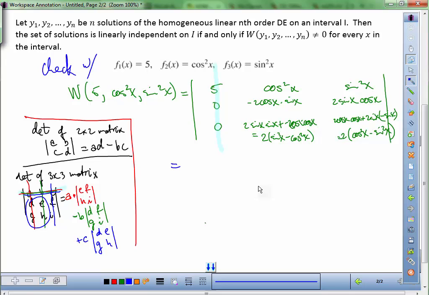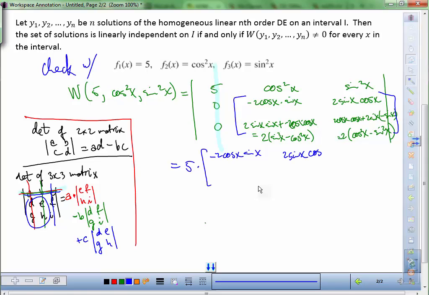So the determinant will be equal to 5 times the determinant of the submatrix, which is minus 2 cosine x sine x, positive 2 sine x cosine x, 2 sine squared x minus cosine squared x, and 2 cosine squared x minus sine squared x.